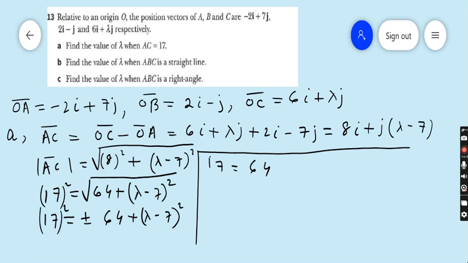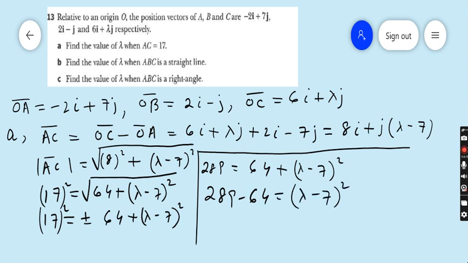So 17 squared is 289, which equals 64 plus lambda minus 7 squared. 289 minus 64 is 225, which equals lambda minus 7 whole squared.